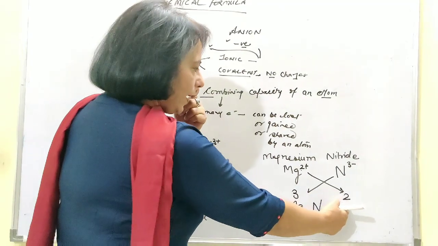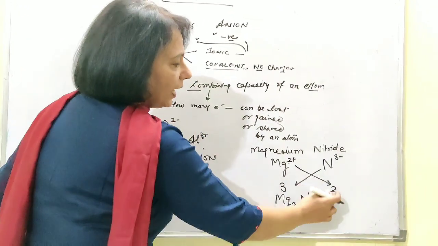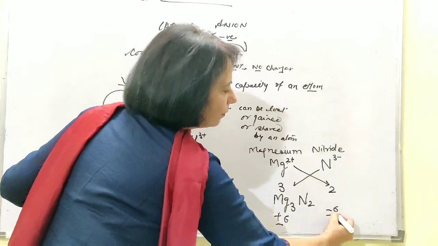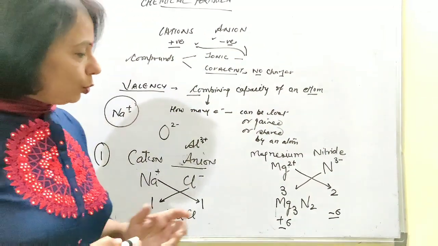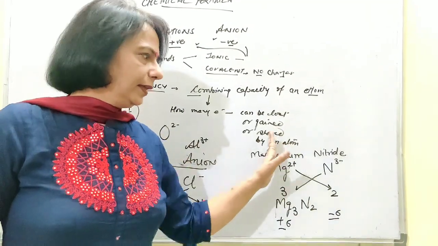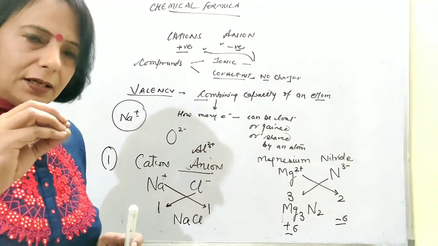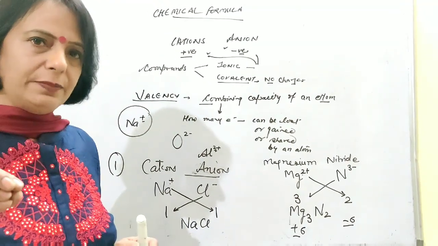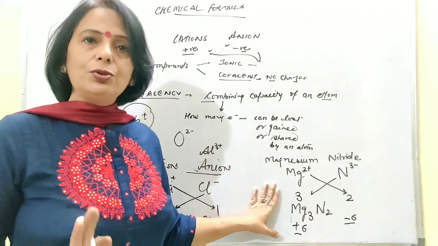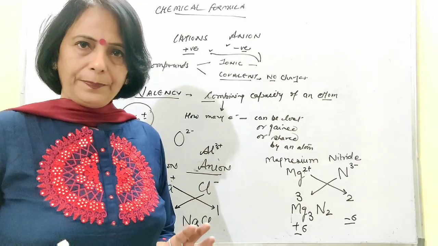In a similar way, 1 nitride ion is carrying the charge of -3 and 2 will be carrying the charge of -6. That means total positive and total negative charges are equal. So finally the compound which has been formed by the process which has been followed is a neutral compound. Total positive and negative charges are equal.